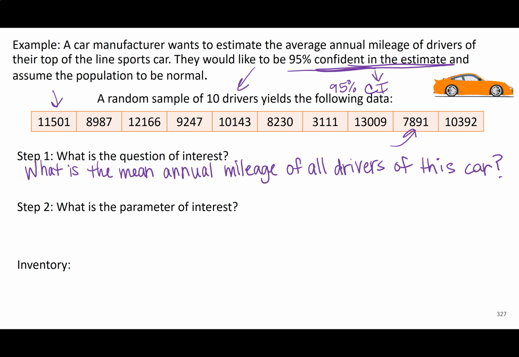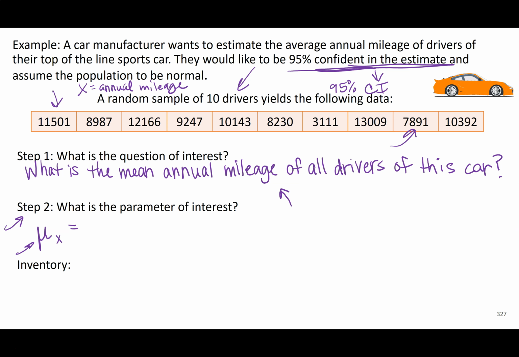What's great is if I set step 1 up correctly, step 2 is going to be a breeze. So what is my parameter of interest? The notation is going to be mu. I'm going to put x, because x is going to be annual mileage. And then I'm going to go ahead and put it in words.